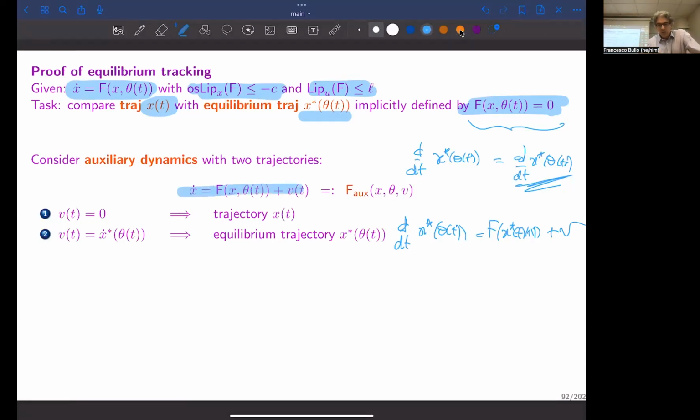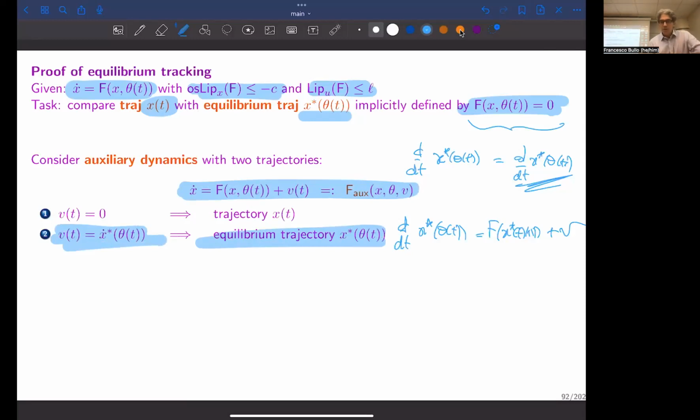So the statement that I am making is this. If you define the auxiliary system like that, then the equilibrium trajectory is the solution when you use v of t equal to x dot of theta of t. So maybe it's mind-bending, but it's really elementary.